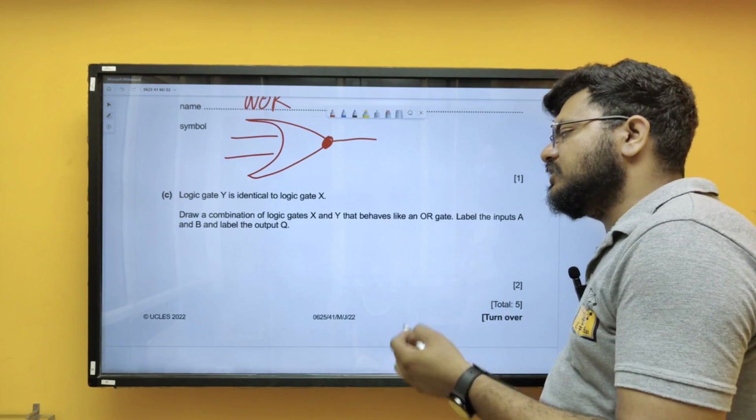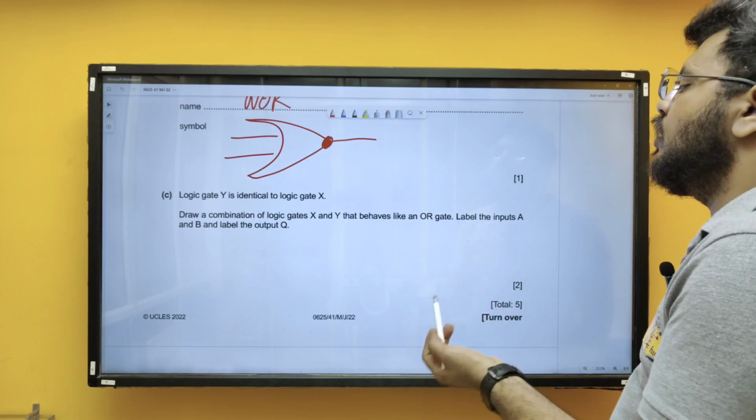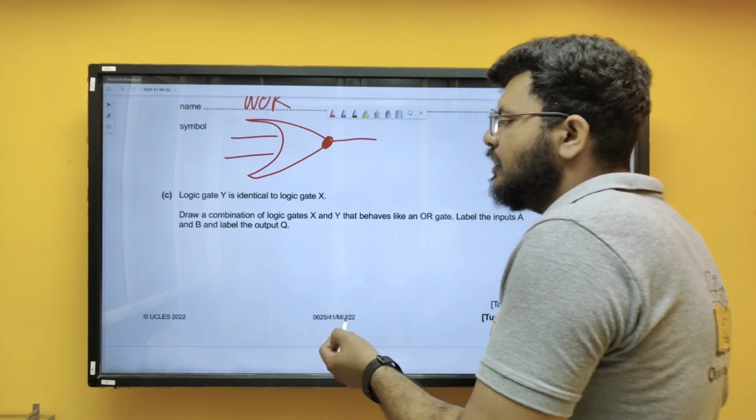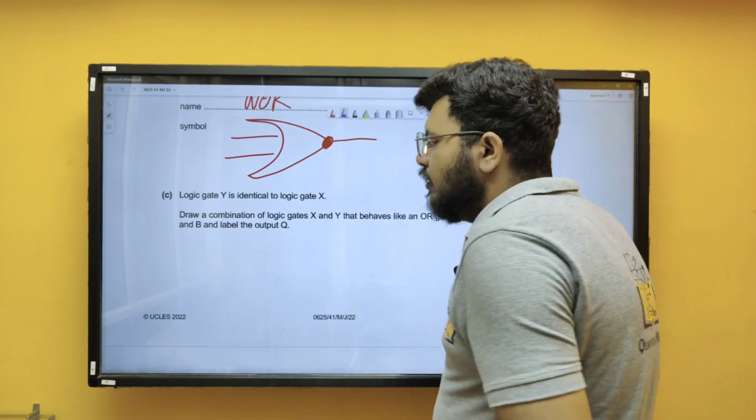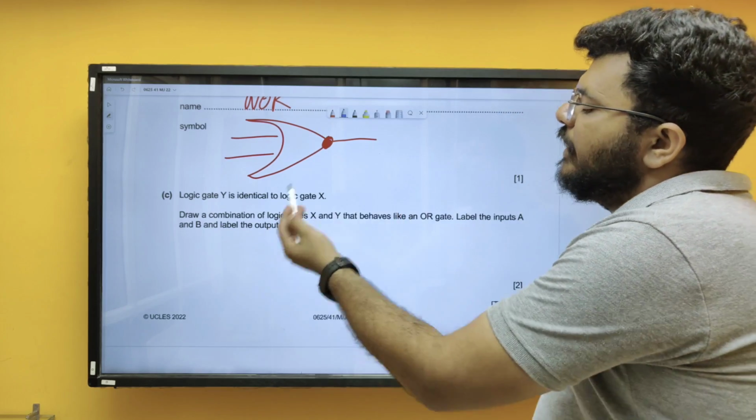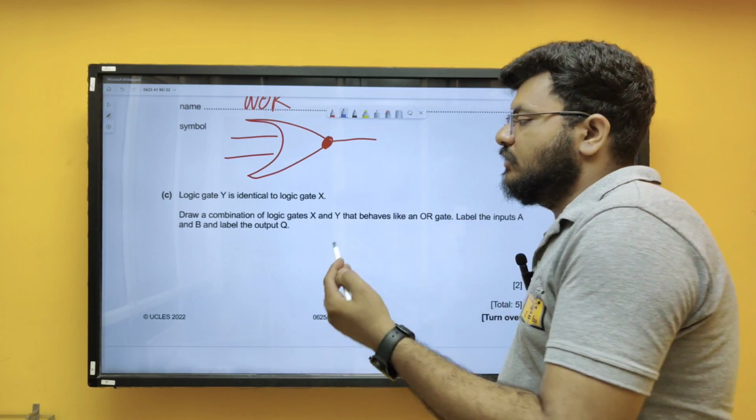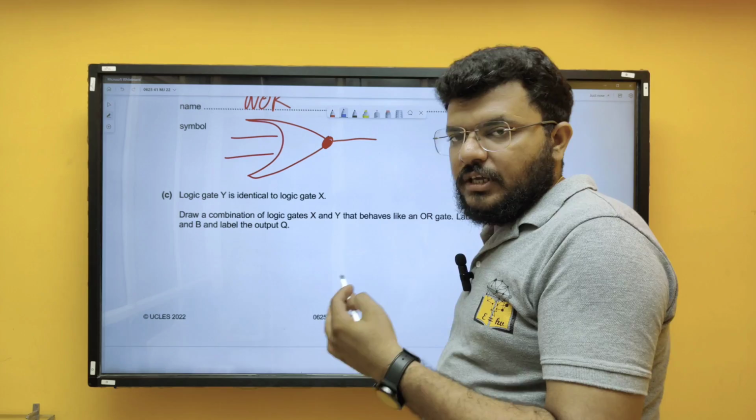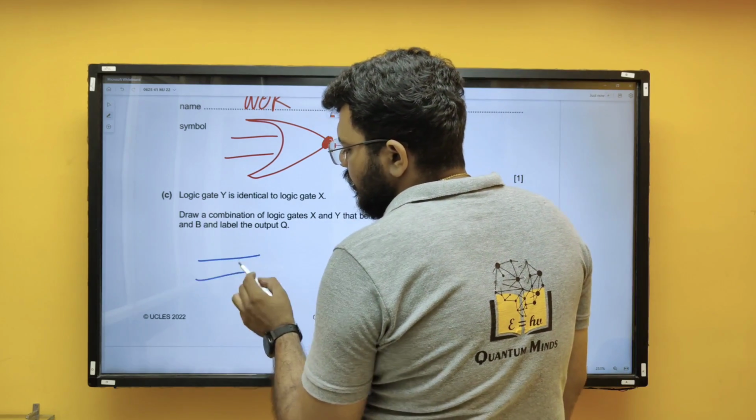Then we have logic gate Y is identical to logic gate X. Draw a combination of X and Y that behaves like an OR gate. Label the inputs A and B and label the output Q. Now what we can do is, guys, if you combine the NOR gate twice, it gives the OR gate output.